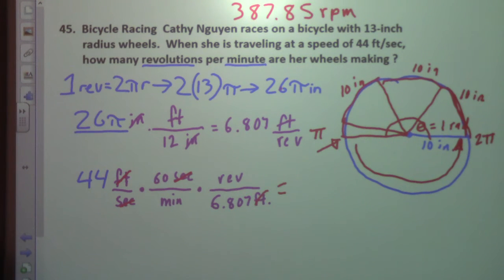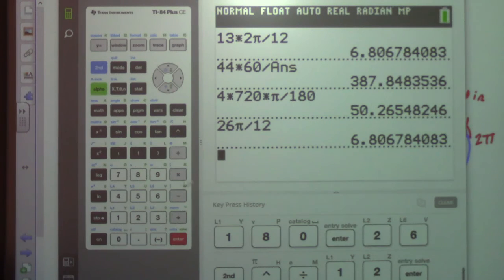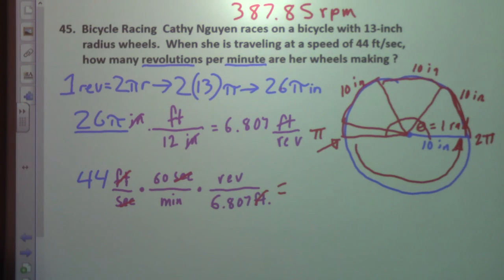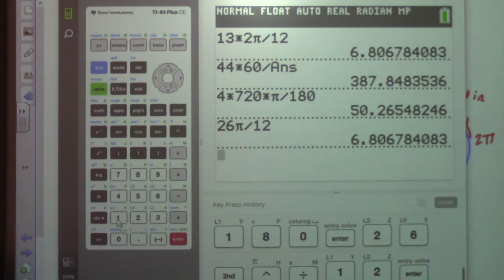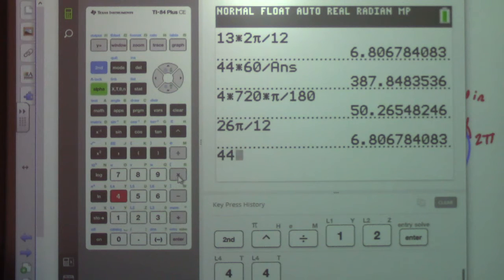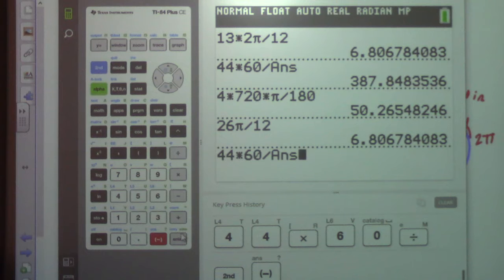What I've done so far is nothing different than what Ben did, right? It's just with the units more explained. So we have 44 times 60 over 6.08. So 44 times 60 over, and what I'm going to do is I'm just going to go second ANS, right? So this is no rounding at all. This is it.